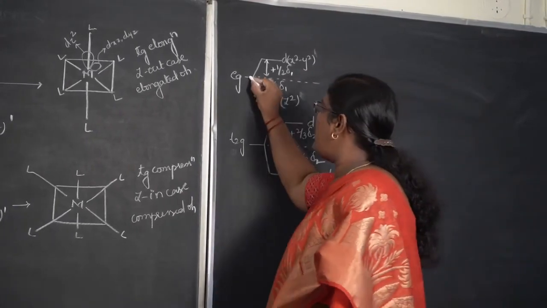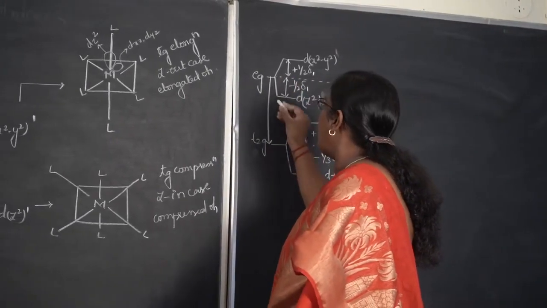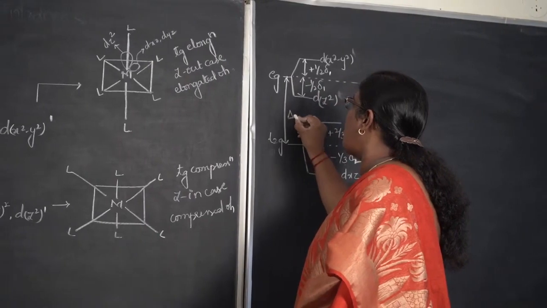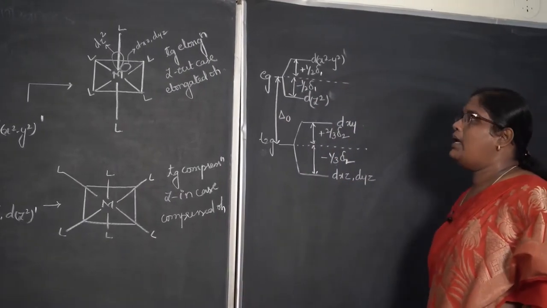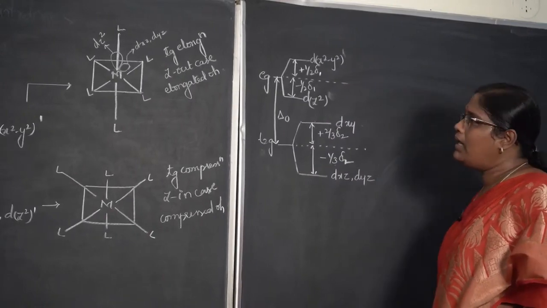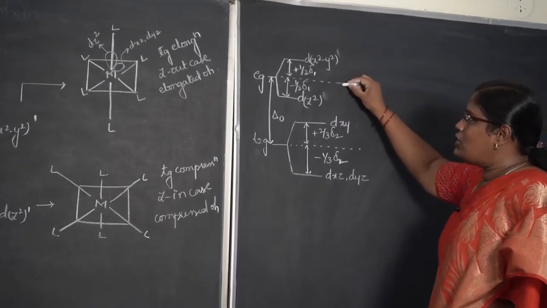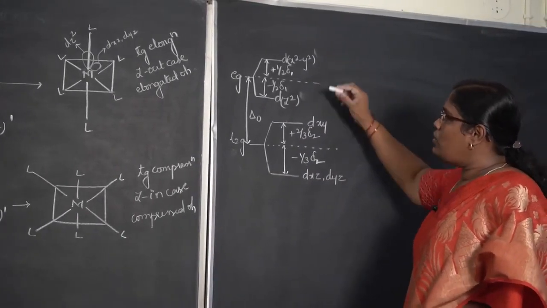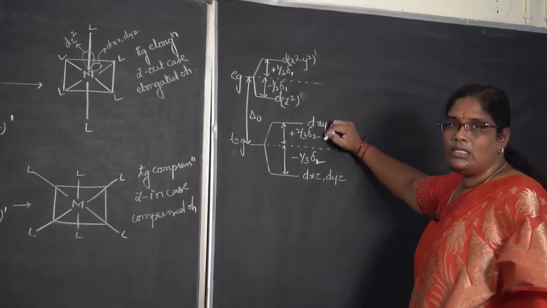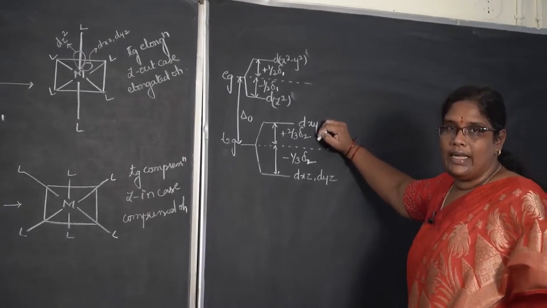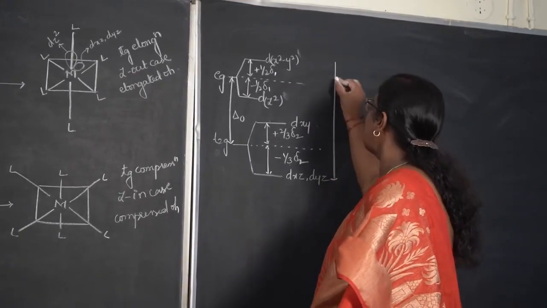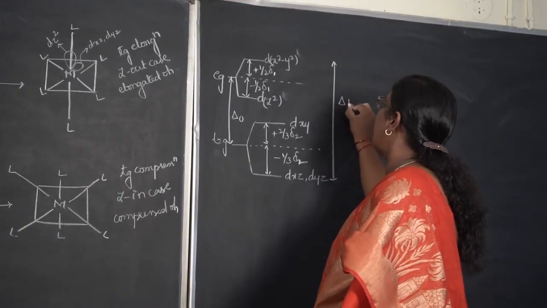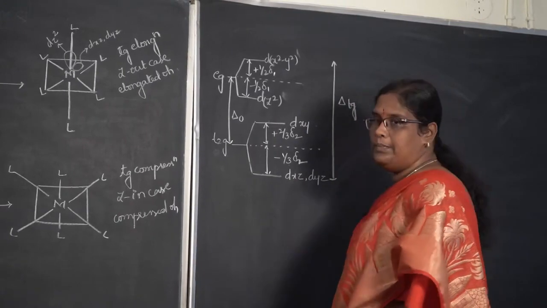In the octahedral geometry, T2G and EG orbitals are degenerate. T2G orbitals are degenerate, EG orbitals are degenerate, but as the consequence of distortion, T2G and EG sets of orbitals are further losing the degeneracy. So this energy difference, we take it as delta tetragonal.